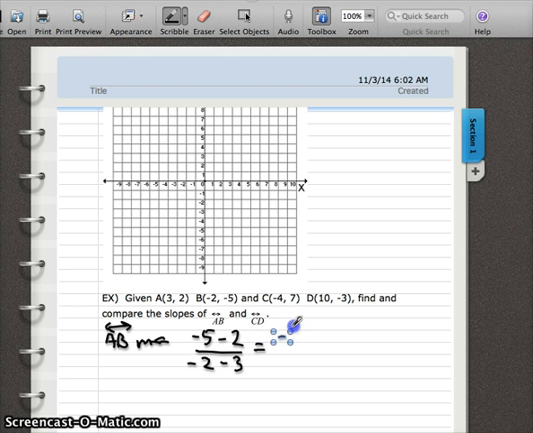And so that gives us on top negative 7 and negative 5. And again, negative divided by negative simplifies to a positive 7/5 is our slope for line AB. Alright, let's find the slope for line CD.